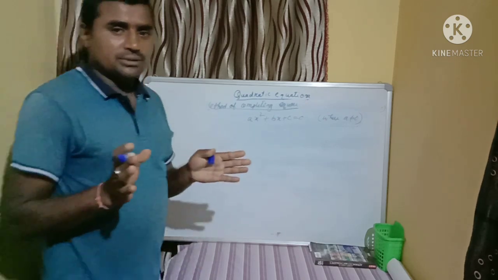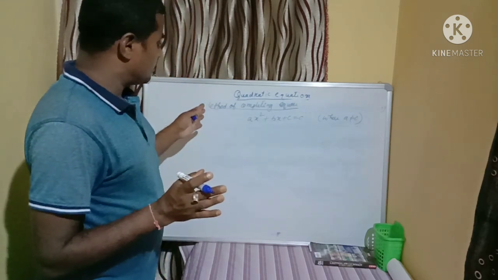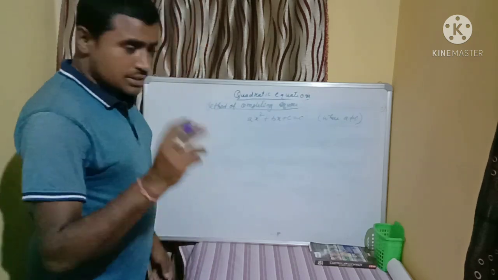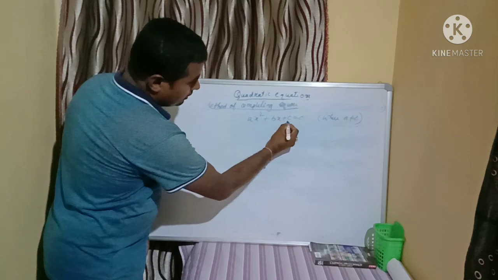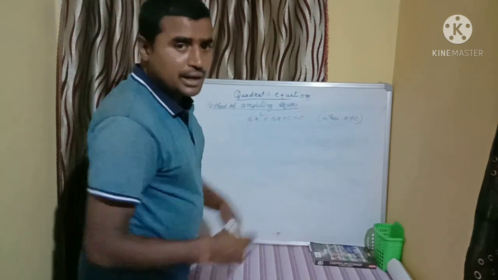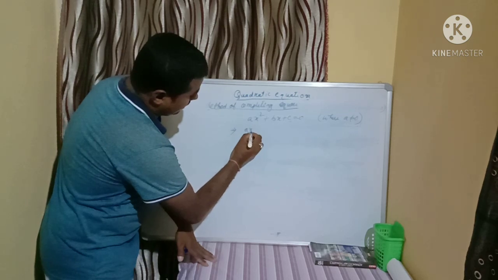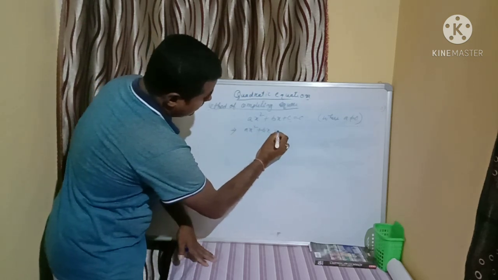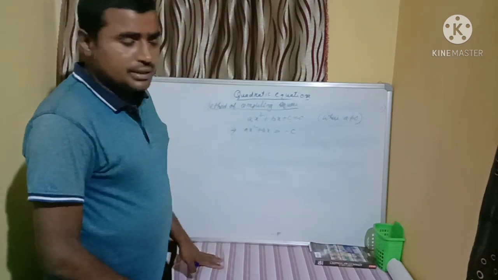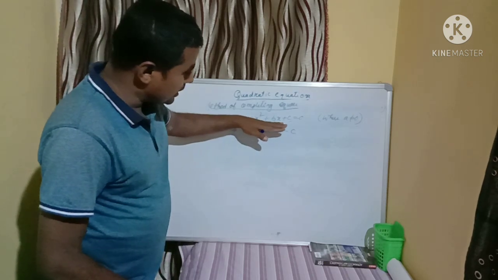So I show you the different steps of solving a quadratic equation using method of completing square. Step 1, first step: this is the constant term. First you take the constant term to the right side of the equation.